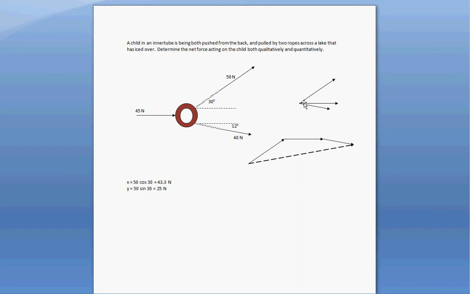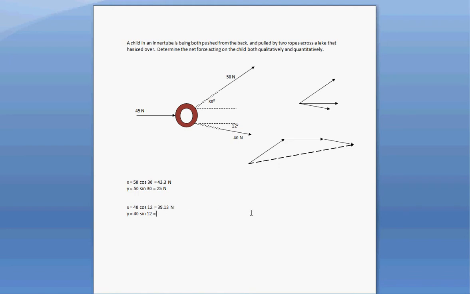Now I'm going to do this vector down here. For that vector, we have a 12-degree angle, so the x is equal to 40 cosine of 12, and the y is equal to 40 times the sine of 12 degrees. Using a calculator, 12 cosine times 40 gives me 39.13 newtons.